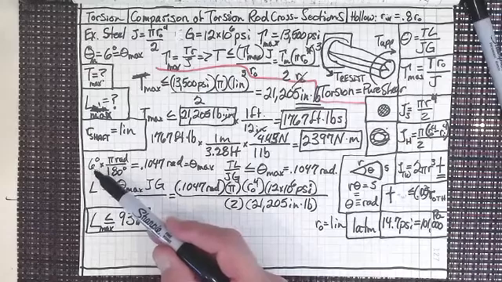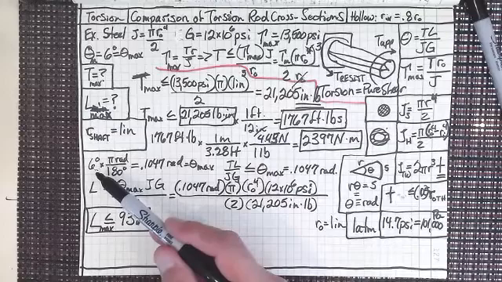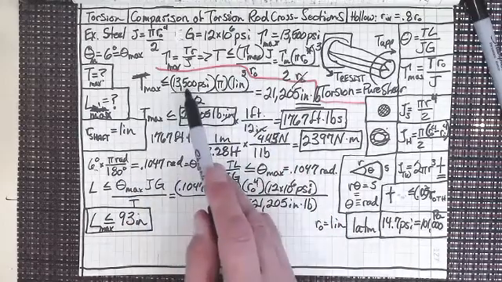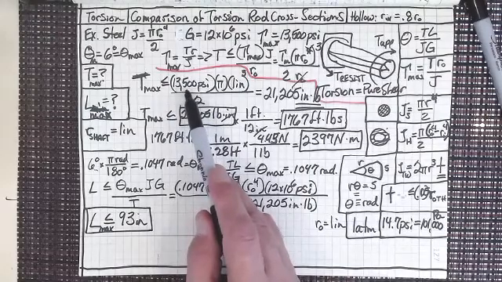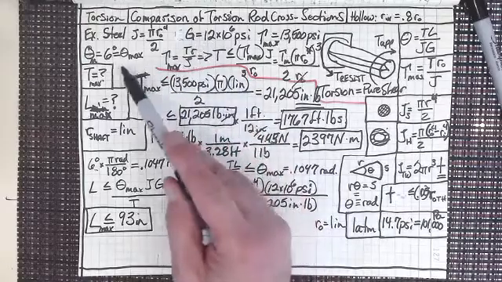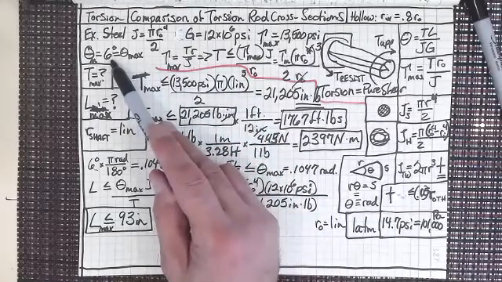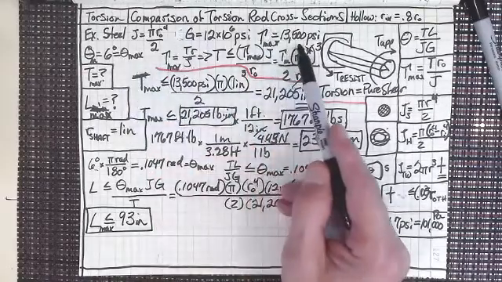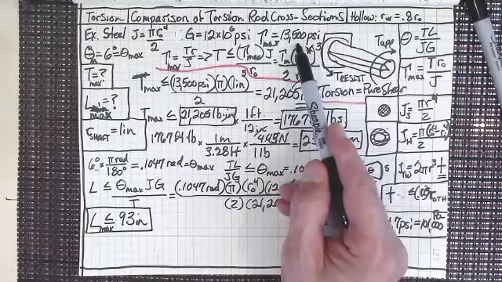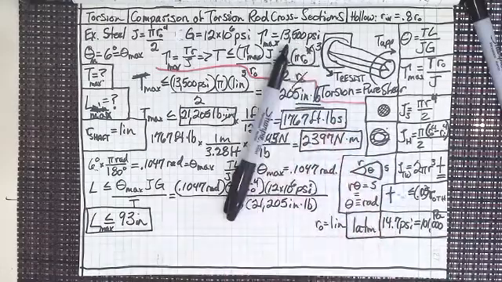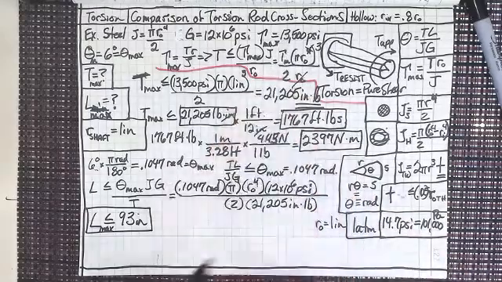We have to design this torsion rod so that it never rotates more than 6 degrees at its maximum shear stress. So we've got two competing design criteria: the 6 degree angle of twist, and also the material I'm using, 13,500 PSI. So you can see that there's a strong difference there.